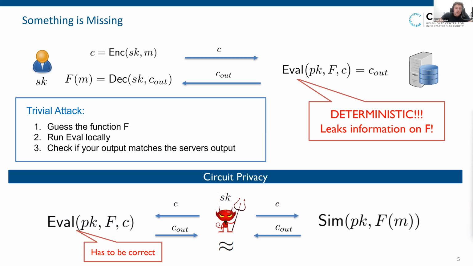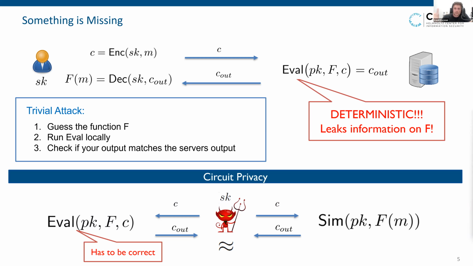The job of the adversary is to guess whether it obtains responses on its ciphertext from the real evaluation algorithm that you see on the left, or from a simulator that gets as input only the outcome of the computation, F of M, and the public key.